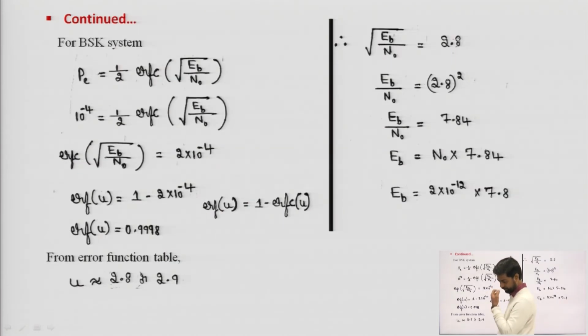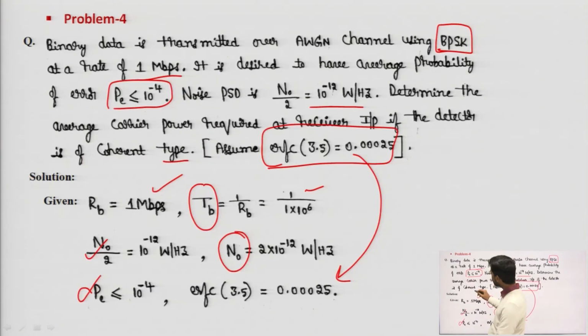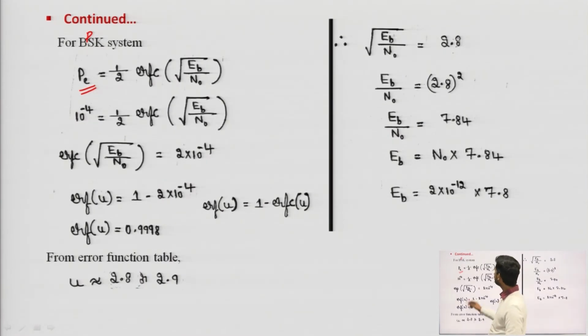So for BPSK, the probability of error is nothing but half times ERFC of root EB by N naught. Already given that at most I will get 10 to the power minus 4 of probability of error. So here the probability of error is half times ERFC of root EB by N naught.